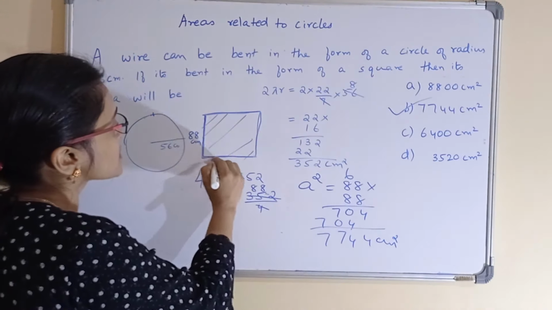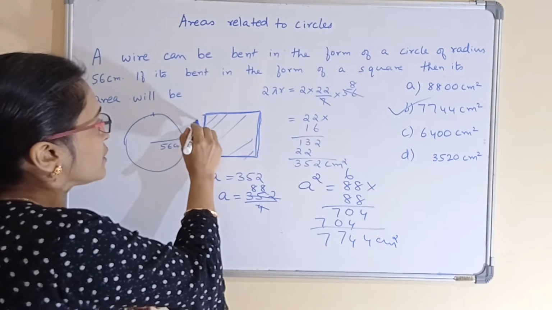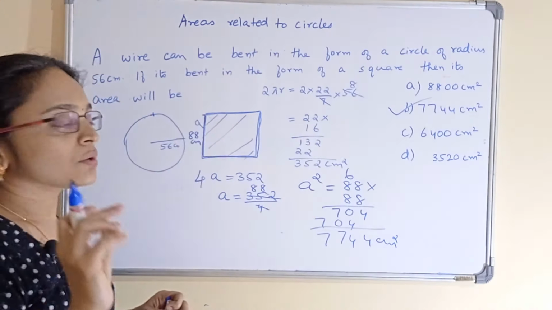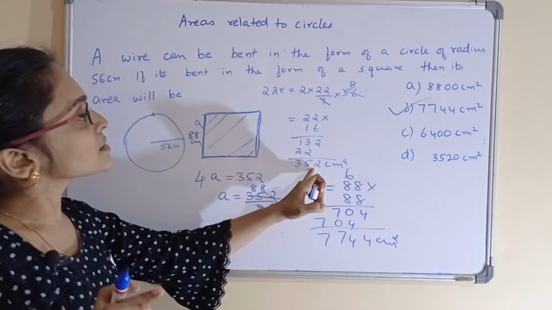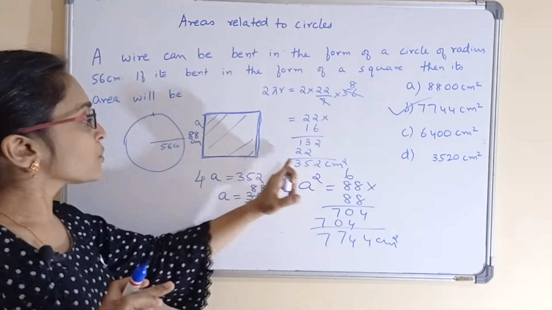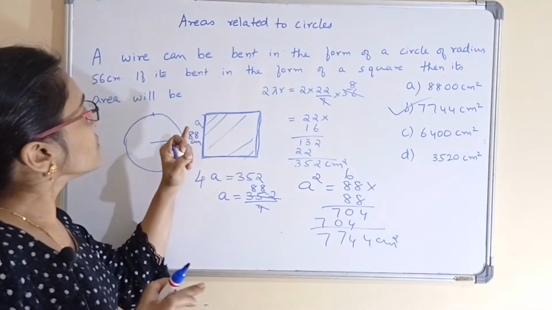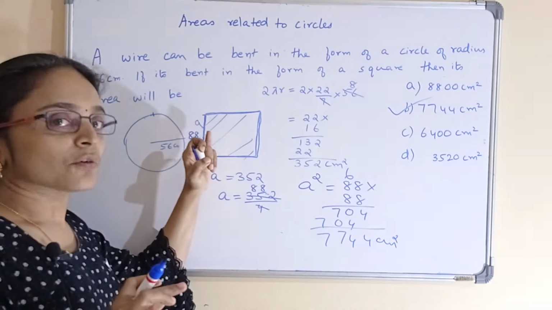This length plus this length plus this length plus this length, that is 4 into A. If A is the side, then 4 into A is the perimeter, and we got the perimeter as 352 centimeter. So 4A equal to 352, which means A equal to 88. That is, we got one side of the square.